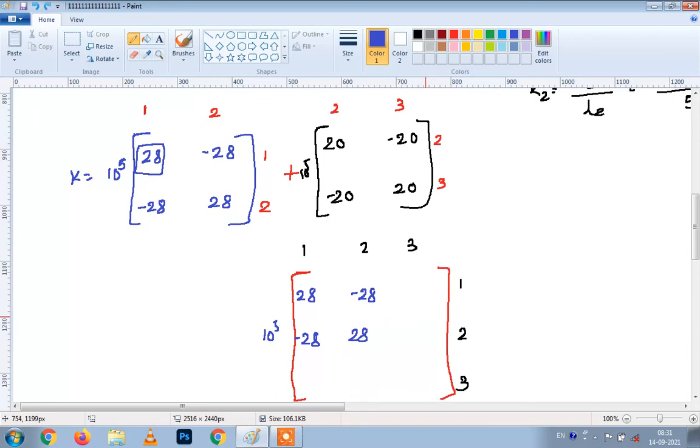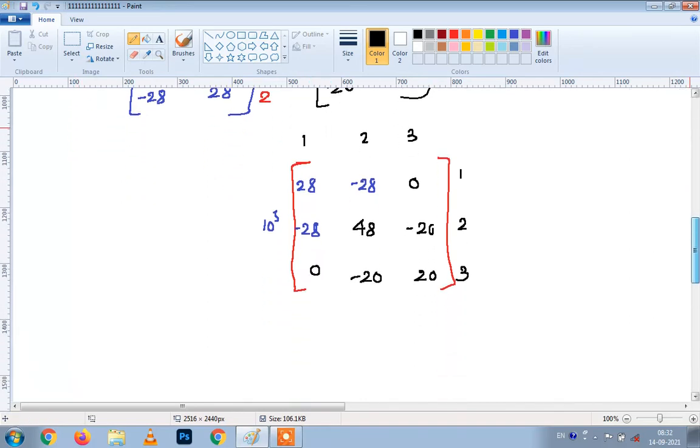So 28 plus this 20 becomes 48. Here will be minus 20, minus 20, 20, and the remaining will be 0. So in this way we have got our global stiffness matrix.